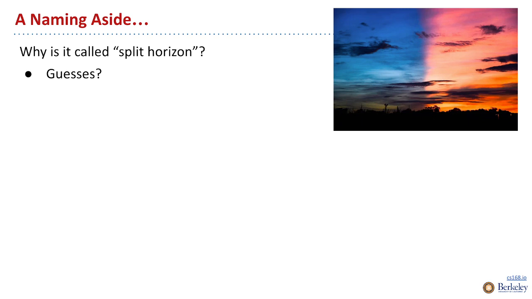Yeah, so by breaking a loop, you're having the two neighbors take other paths. That's a good guess. Any other guesses? Like a boundary between the two neighbors, they don't talk to each other? That's also a cool guess. No.